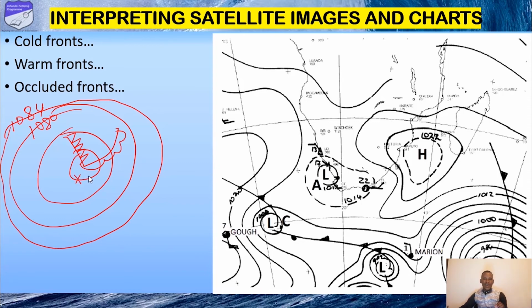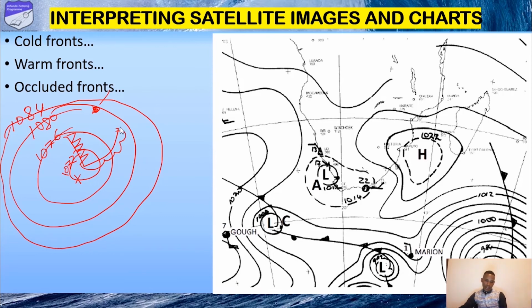You need to identify the isobaric interval now. What is the isobaric interval here? It's 4, because from 1080 to 1084 the difference is 4, right? Now remember, the more you go towards the center of a cyclone, the air pressure decreases, okay? So it's 1084, 1080, that means here it would be 1076, okay? Then here it would be 1072. You see?